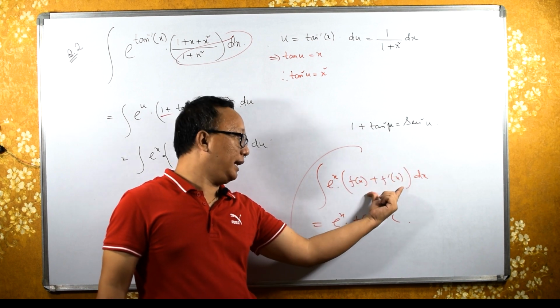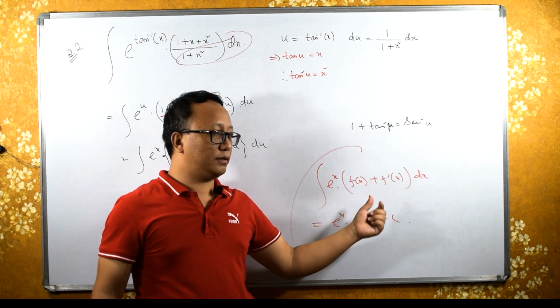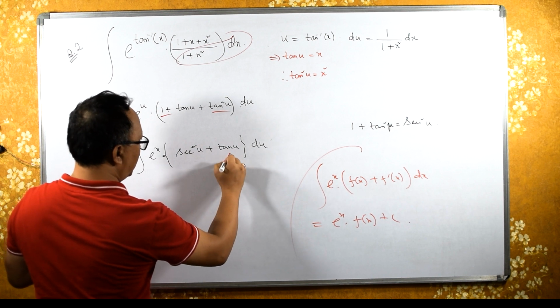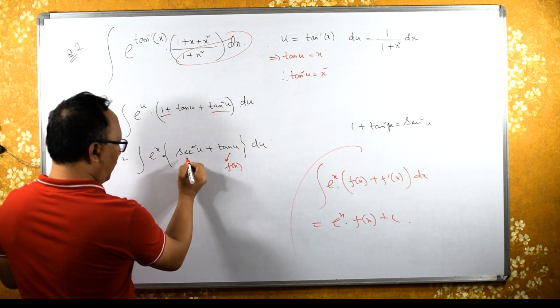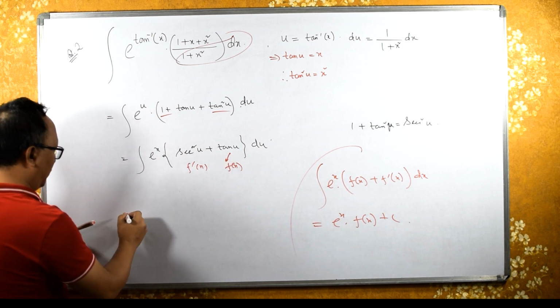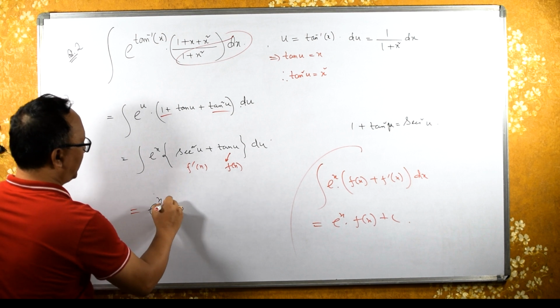If you get this, then the integral becomes e raised to x into that particular function. Therefore, here this is my f x, and this is f dash x. Differentiation of tan is sec square.